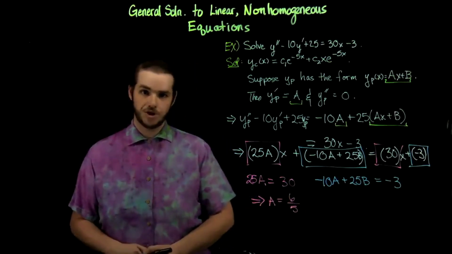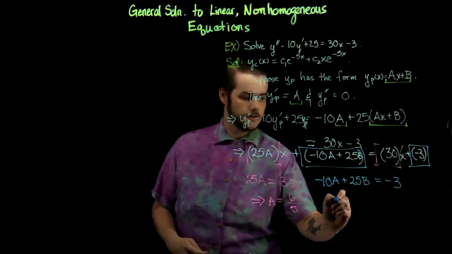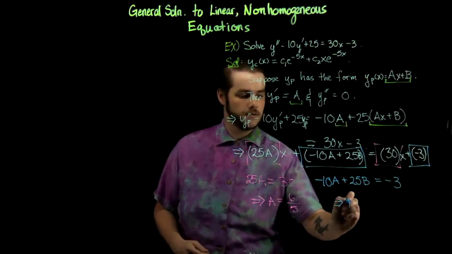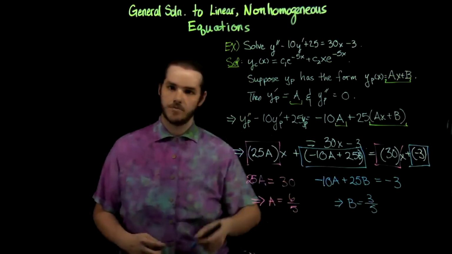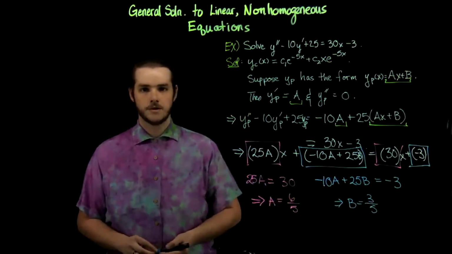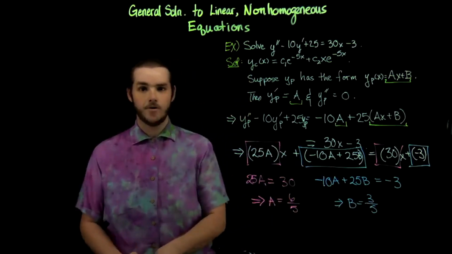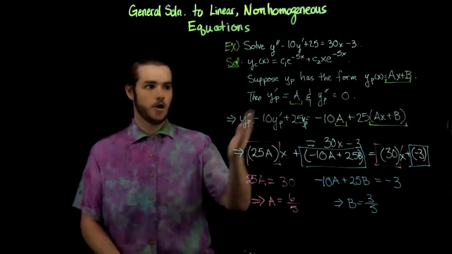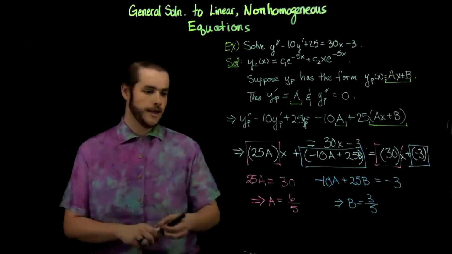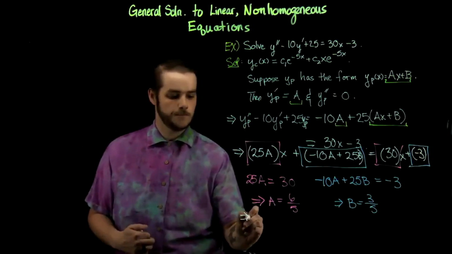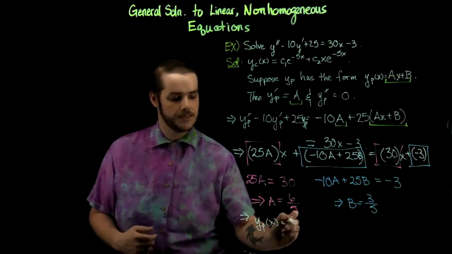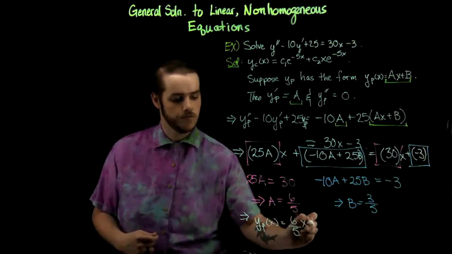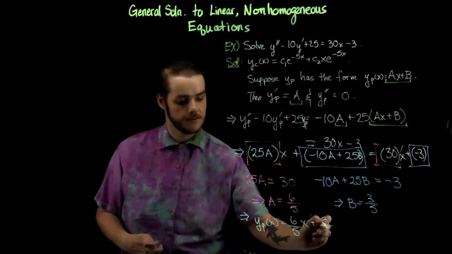Solving this blue equation for b, I get b is 3/5. That's, of course, after plugging in a. So, all in all, I now have determined the coefficients on my particular solution. I know that yp(x) is 6/5 x plus 3/5.